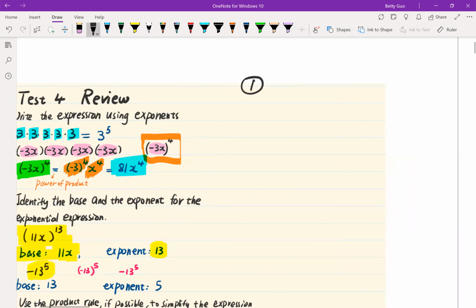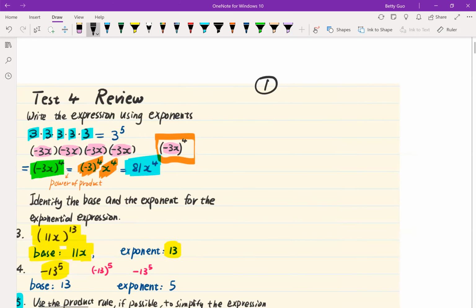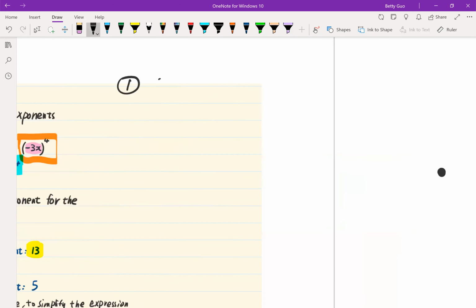Writing the expression using exponents. 1, 2, 3, 4, 5. How do you write this product as an exponent, as a power? This is a repeated multiplication, right?